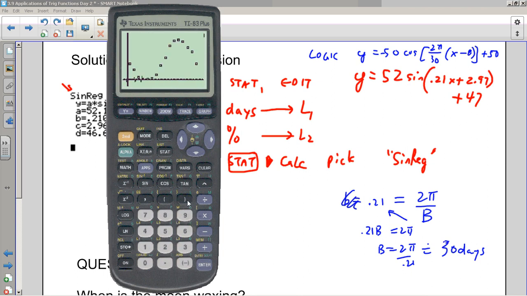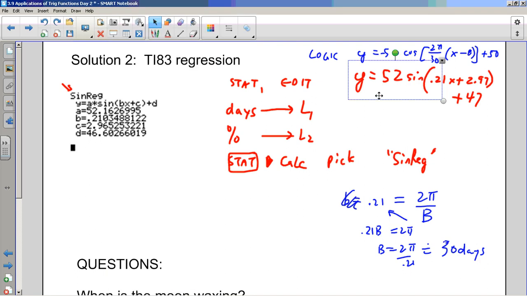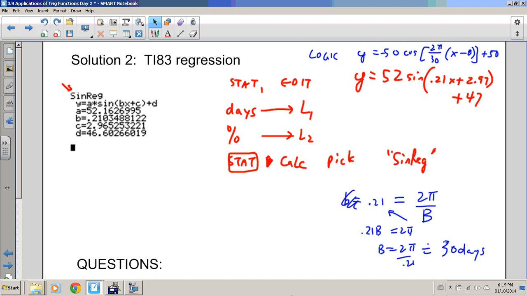And oh, there's our sine function, right? Now, oops, I forgot to delete the trig function from before, so it's trying to graph that. I'll go back and erase that, and then have another look at my plot, and there it is. So I'm kind of interested in, what does my function look like compared to the model we came up with in class? And I can type that in.